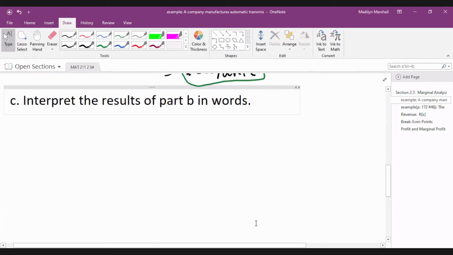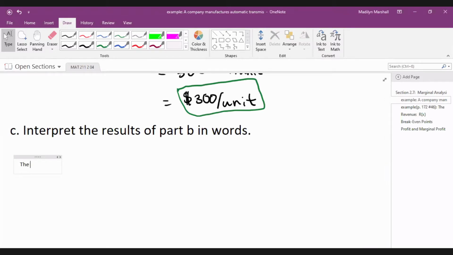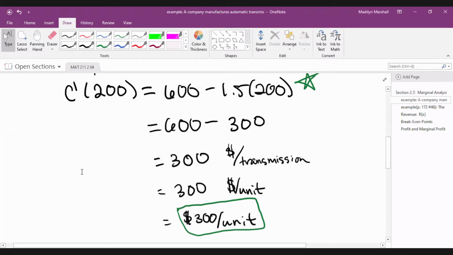What does part B mean in words? Our answer for part B. The cost of manufacturing 200 transmissions is $300 per unit, per transmission. Not quite, and that is a really common thing to think at first with these marginal costs.